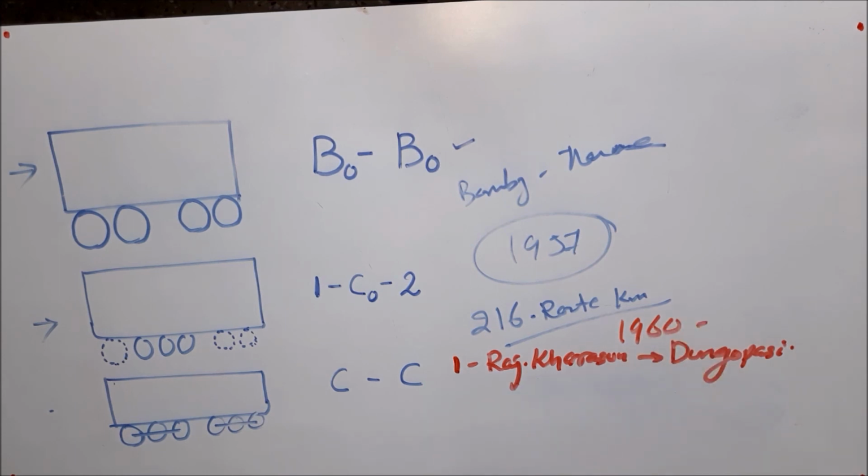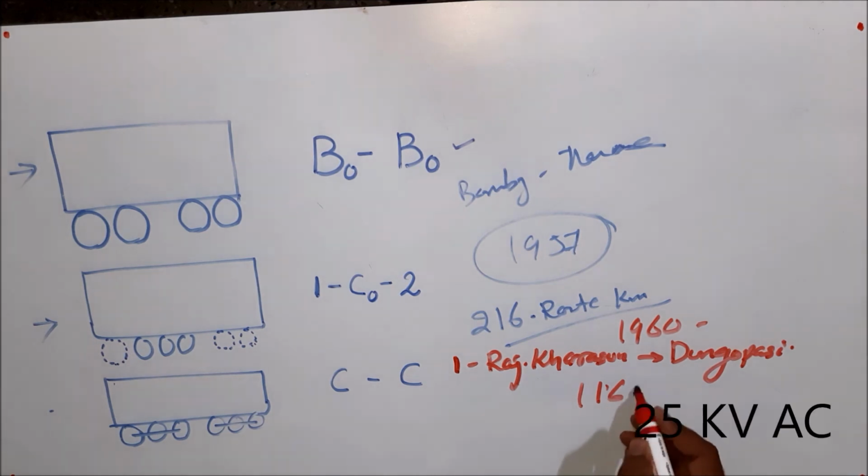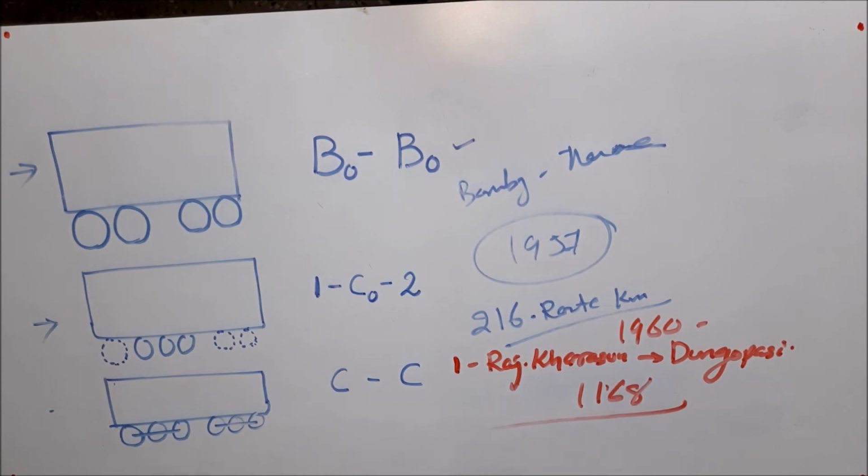Then two consecutive routes were electrified. The first one is Howrah to Bardhaman, which comes under East Coast Railway, and the second one is Madras Beach to Tambaram, which comes under Southern Railway. These two electrifications took place in 1968, right? After the electrification of track, Indian Railway loco manufacturers became interested in designing electric locomotives.